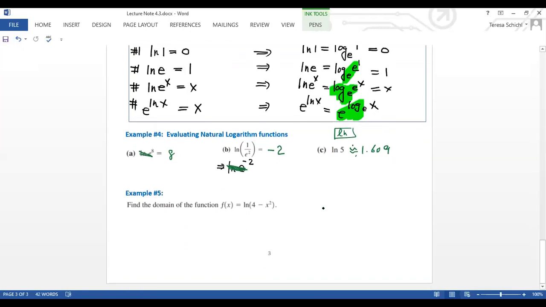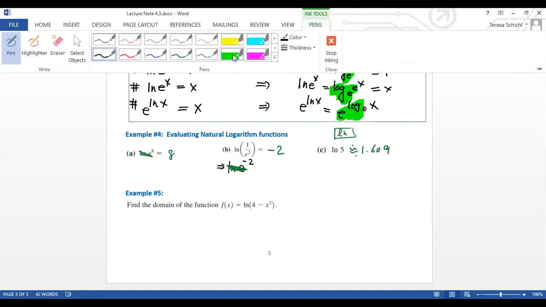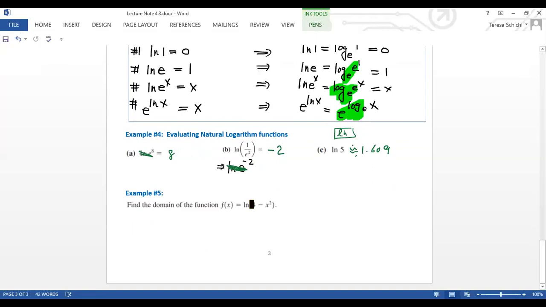The domain for the natural log is the same as the typical logs, right? So we say, find the domain of the function. Because this is a log function, what happens to the domain of the log function? We know 4 minus x squared has to be greater than 0. Okay.